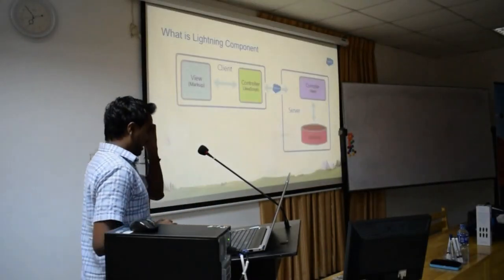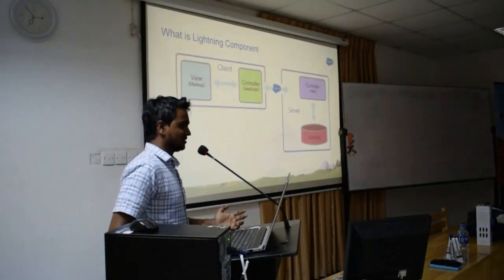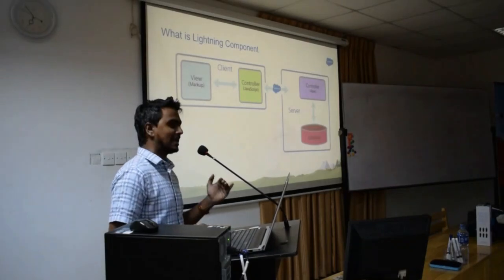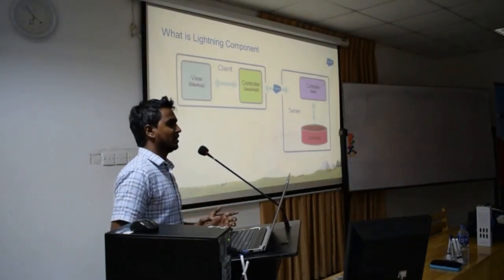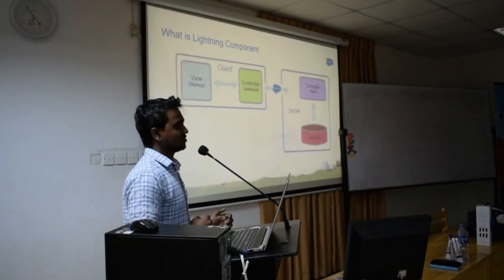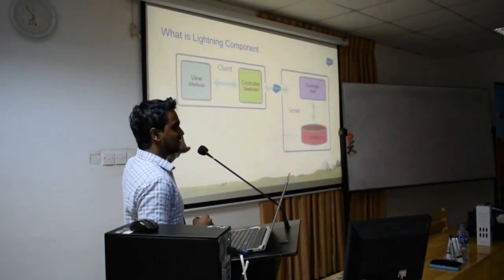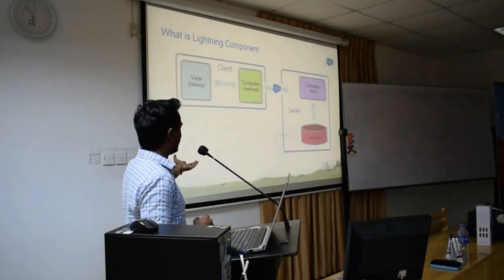Before I start, I see some new faces here, so I will take 1 minute to say what Lightning is, because the word Lightning may be surprising for you. What you are looking at is the highest level abstraction of what Salesforce is at the moment.